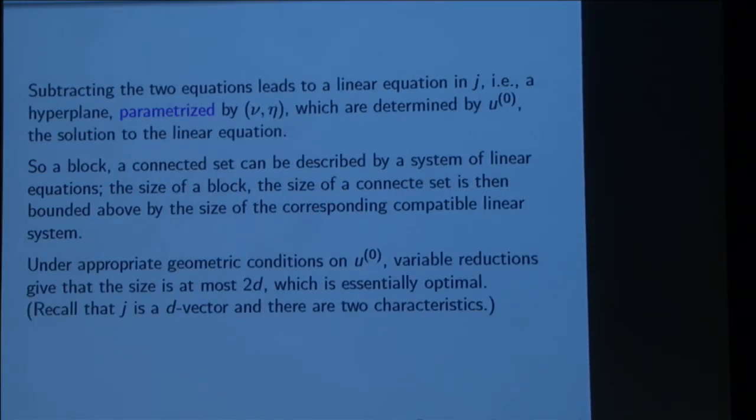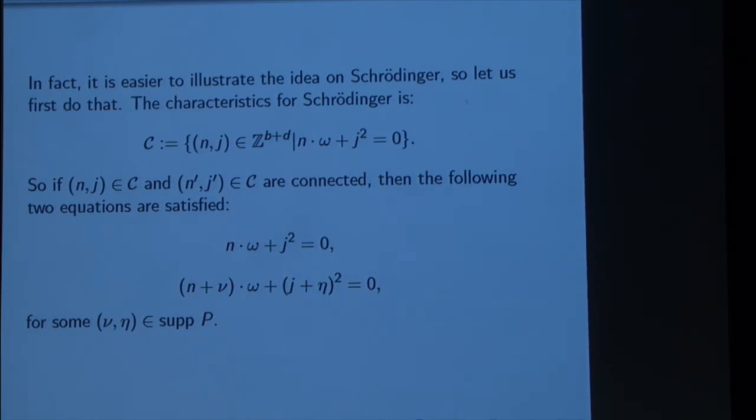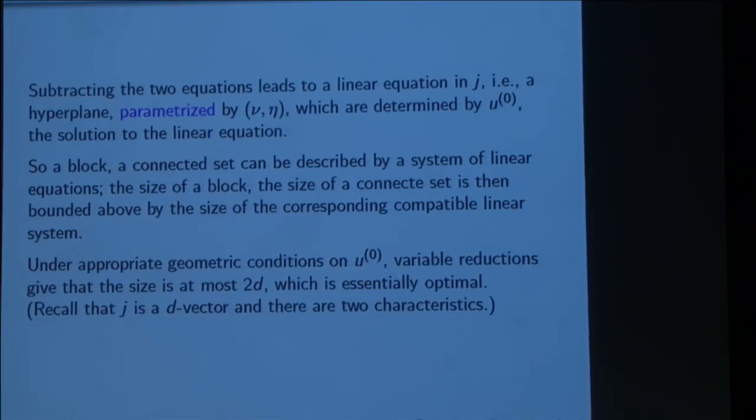What you do is subtract the two equations, which leads to a linear equation in J, i.e. a hyperplane, parameterized by nu eta. Nu eta are the parameters of the hyperplane. Therefore, these hyperplanes are parameterized by the initial linear solution.